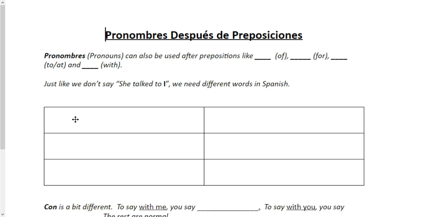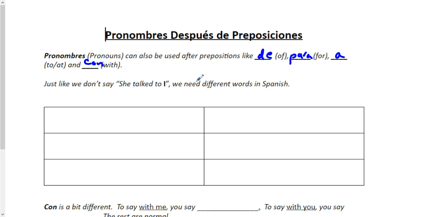So pronouns, pronombres, can also be used after prepositions, like, and I just went over these, of, which is de, for, which is para, to or at, which is a, and con, which is with. And again, it can be used with any other ones, but these are the big ones. So we don't say we talk to I, we say we talk to me.